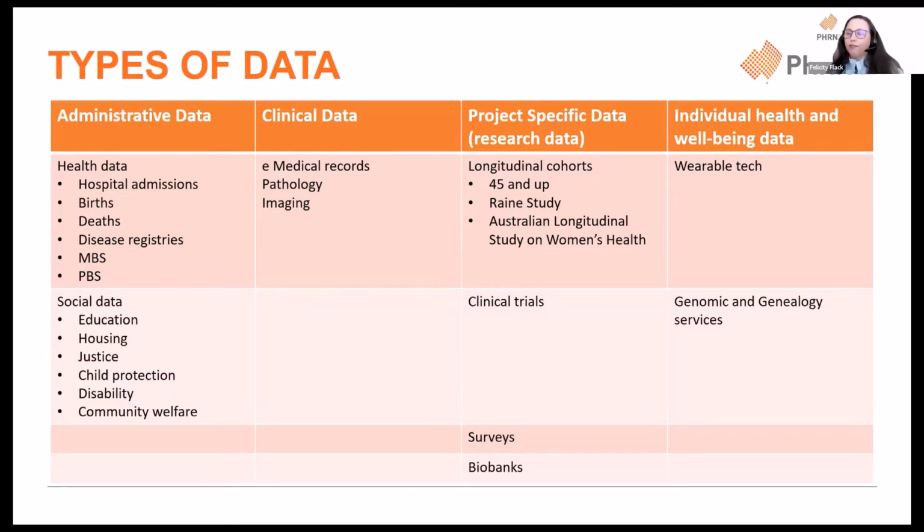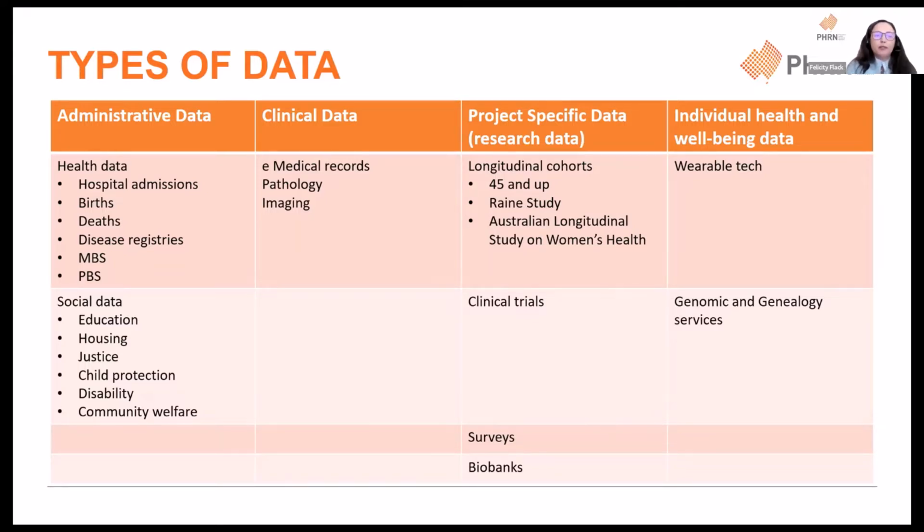This is data often collected by researchers for specific research projects, or sometimes by government departments. They sometimes do surveys for particular reasons, but this is data collected for a specific project. It's not routinely collected data over many years.